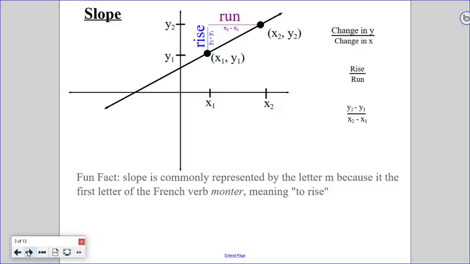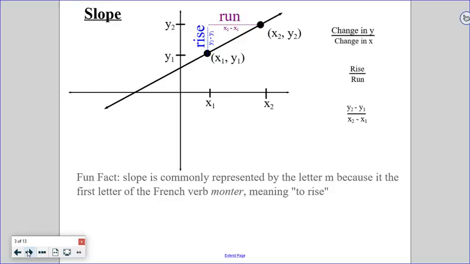So finding out how far up we go would be y2 minus y1. And then how far over we go, the run part of it, would be the difference in our x values, x2 minus x1. It can be called the change in your y values over the change in your x values. Rise over run. There's your actual formula, y2 minus y1 over x2 minus x1.